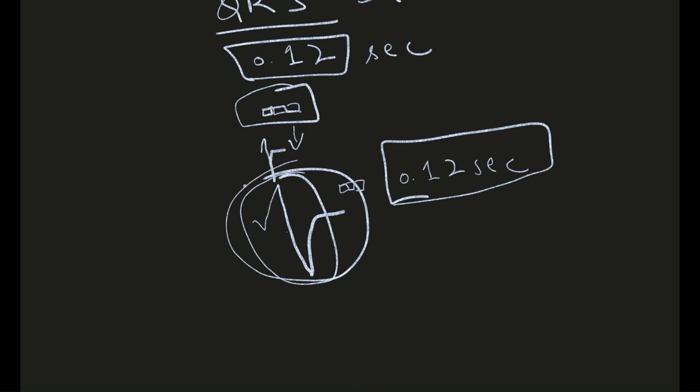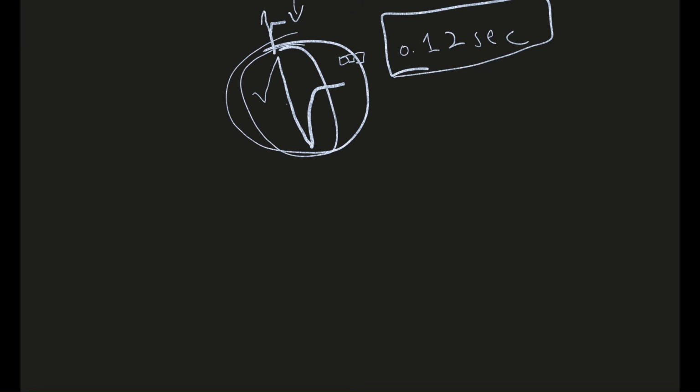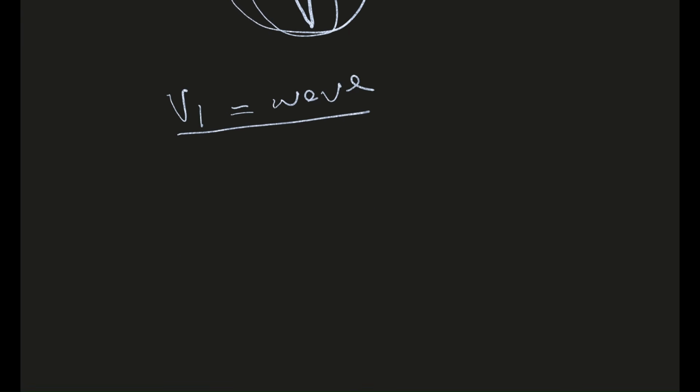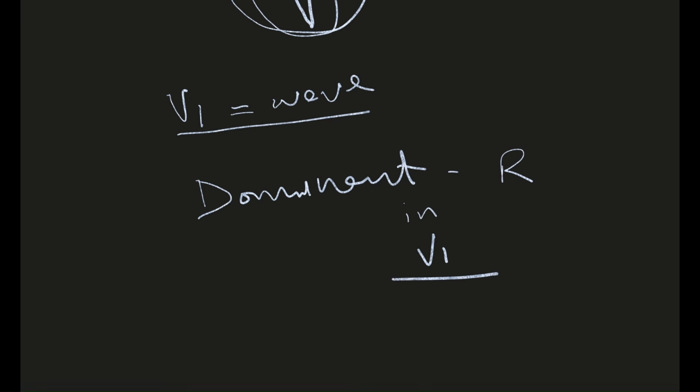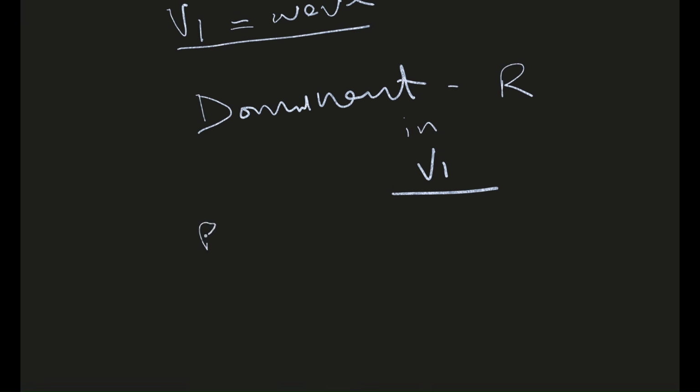If it is wide, now look at lead V1. Look at the wave patterns in lead V1. If there is a dominant R wave in V1, it will be right bundle branch block.